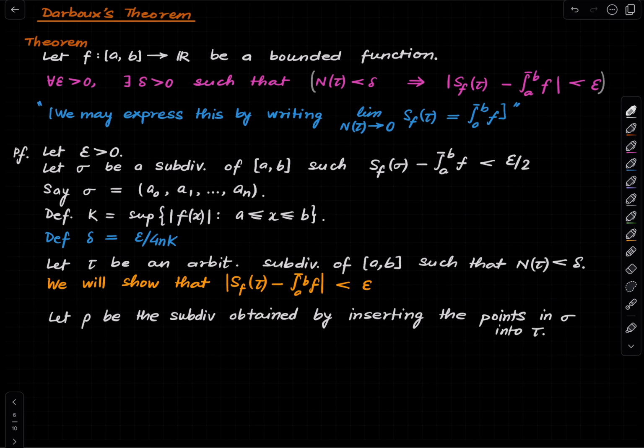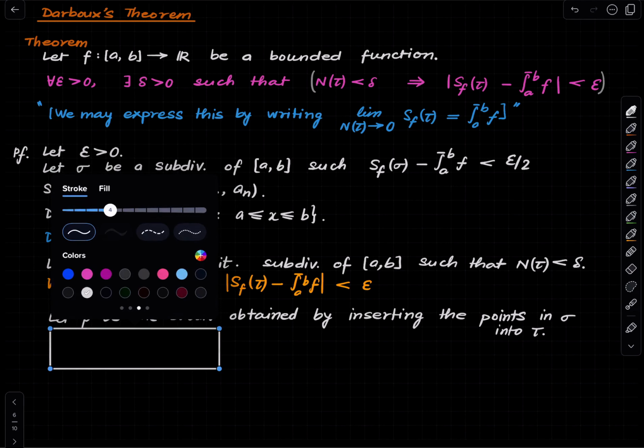So rho is nothing but the common refinement of sigma and tau, is all that I'm saying. So clearly we have then, because rho is finer than sigma, in particular we have that it also approximates the upper integral at least as well as sigma. This we clearly have. Maybe I'll box it.